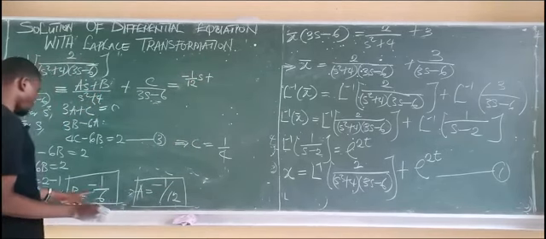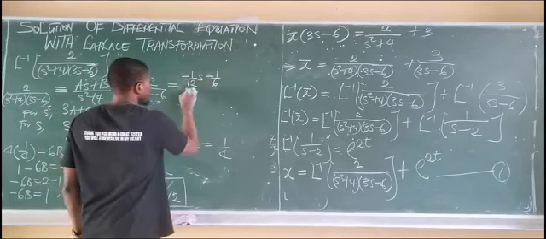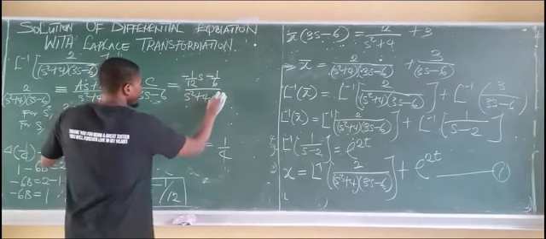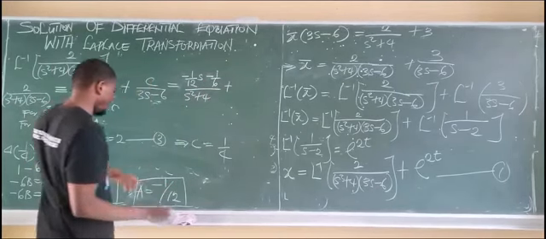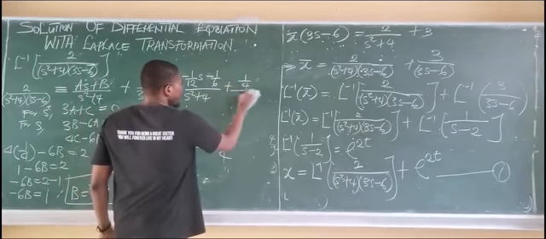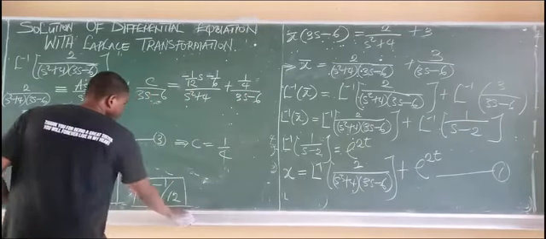B is simply minus 1 over 6, so this is actually minus 1 all over 6, all over x squared plus 4, plus c over, and c is actually 1 all over 4, so plus 1 divided by 4 all over 3x minus 6.